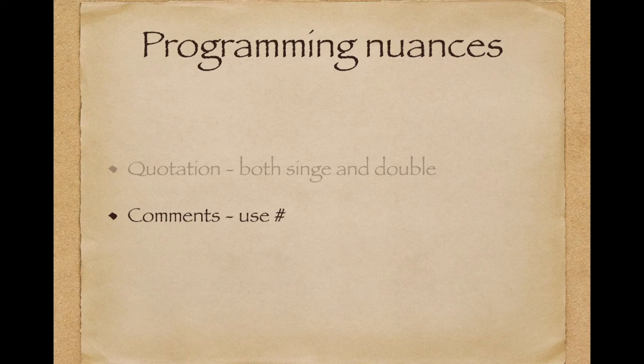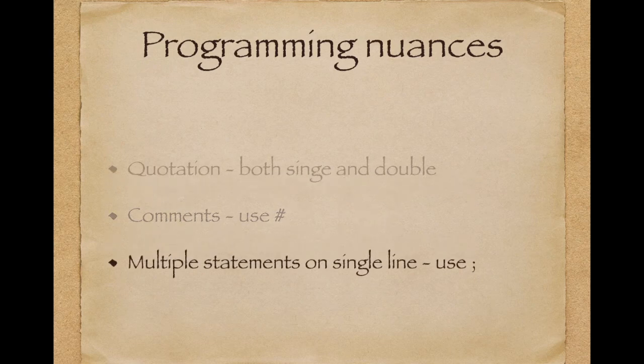Here we use hash. And multiple statements: if you want to type multiple statements on a single line, that is possible in Python, and you use a semicolon. That is how you can use multiple statements. That's all about the nuances of this programming.